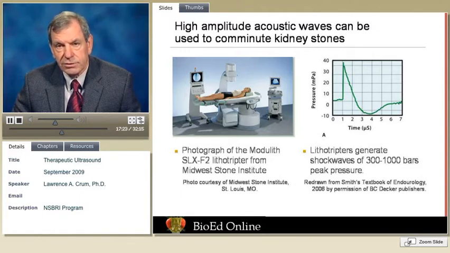Recall that I mentioned earlier that these shock waves are on the order of a few microseconds in length, but they could be 1,000 atmospheres in intensity. We would say that would be 1,000 bars or 100 megapascals. So those shock waves are transmitted from a shock wave generator, through a liquid in which it's generated, through the surface of the skin into the kidney stone, and they tend to break up the stone.